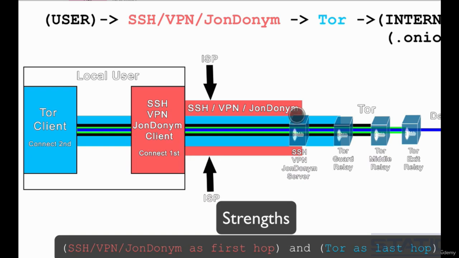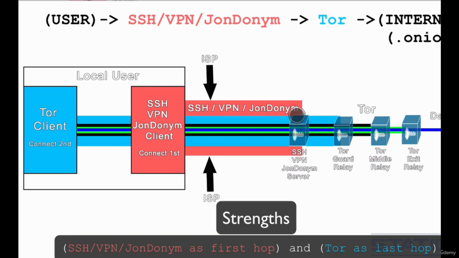They can make a DNS, and the SSH, VPN, and JonDonym client reaches correctly by the help of making DNS, and it can kill the connection over SSH, VPN, any of this layer like Tor guard relay, Tor middle relay.